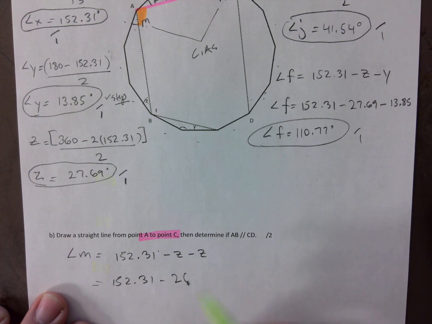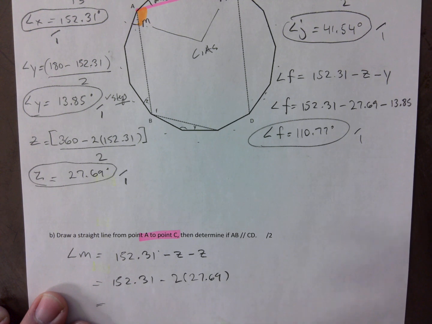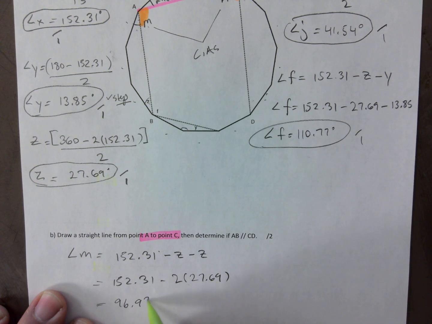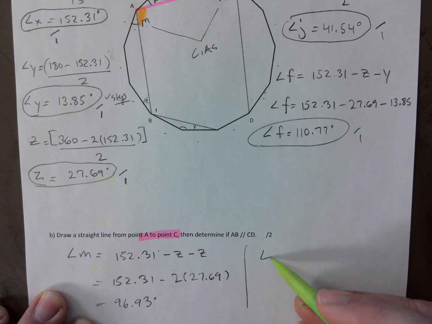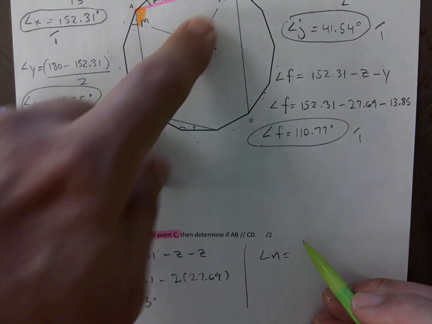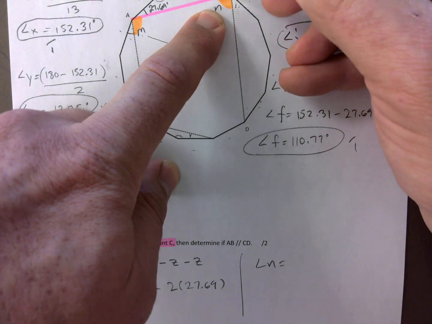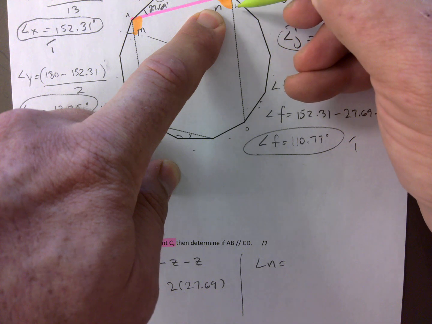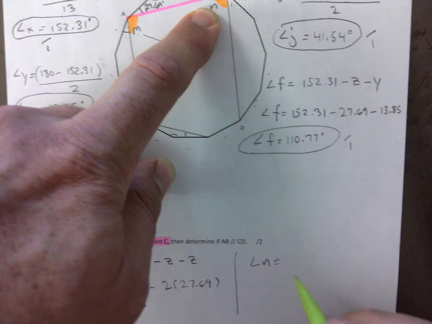So minus 2 times 27.69. So angle M is 96.93. And angle N, this one here, is interior angle minus J minus 27.69.